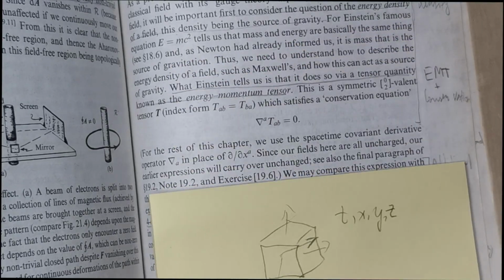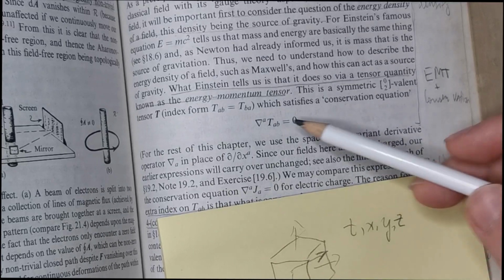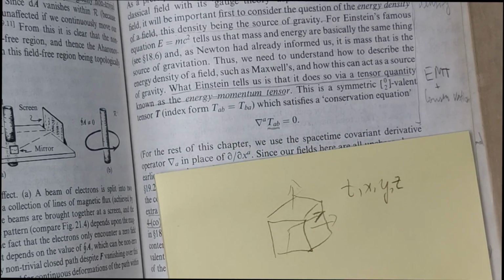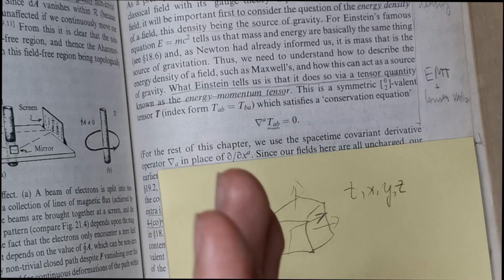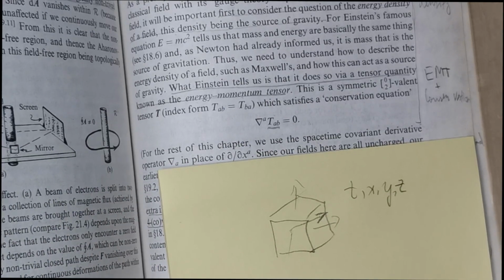Therefore the tensor T A B describes how much that quantity, and the different constituents of it, change depending on the dimension.